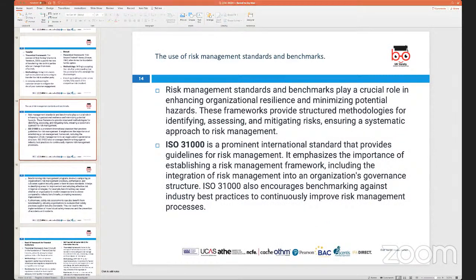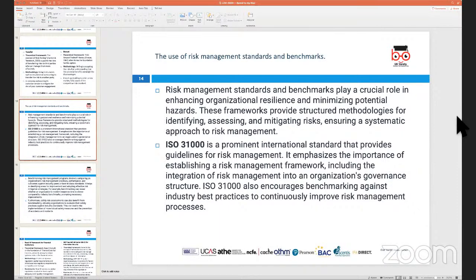Now, there are two or three frameworks that we need to understand, which will help us understand risk management benchmarks and frameworks. One of them that we look at in particular is how the organization identifies, assesses, and mitigates risks using a risk management system. ISO 31000 is a prominent international standard used by organizations which provides guidelines for risk management.